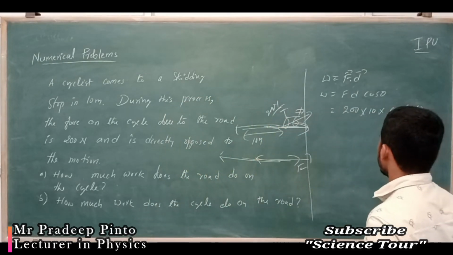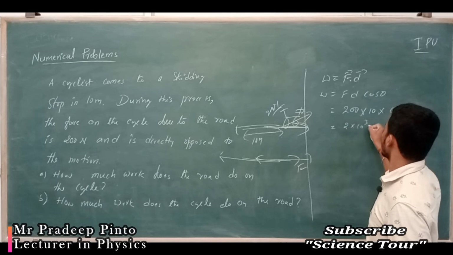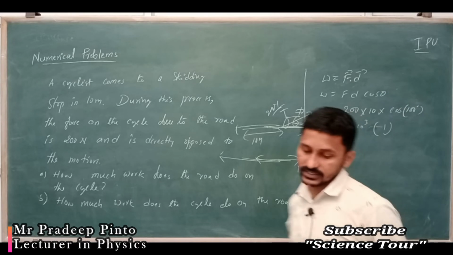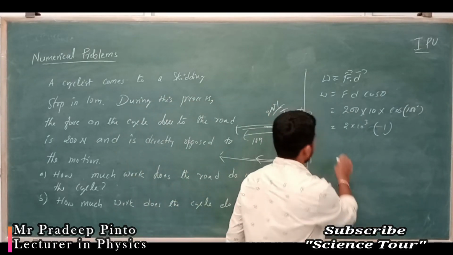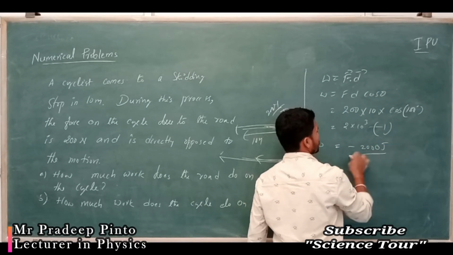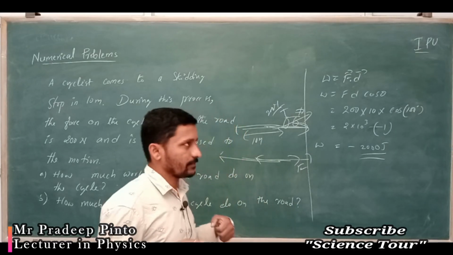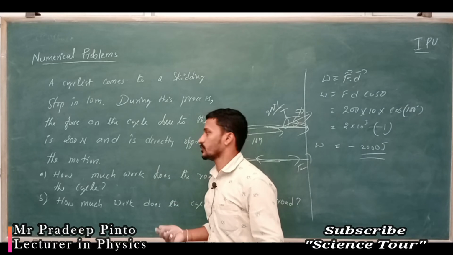Force is 2 into 10 to the power 3, and cos 180 means minus 1. So you are going to get work done equal to minus 2000 joules. Why is it negative? Because the bicycle applies force in one direction, and the road applies force in another direction.